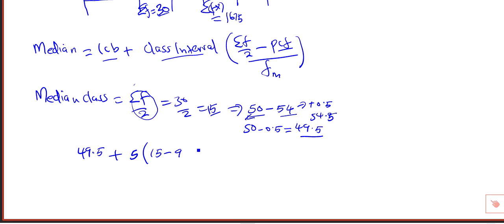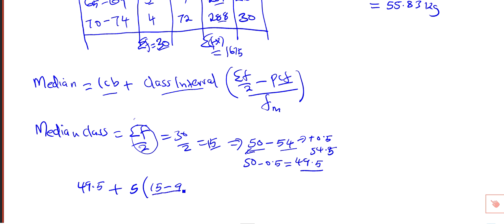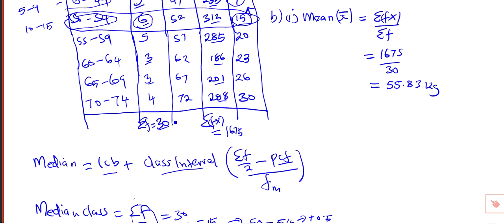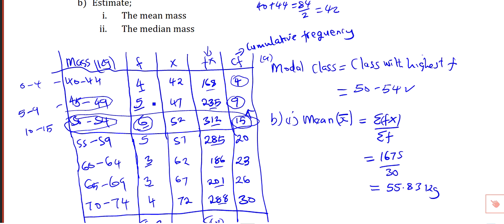So you pick 9 and put it there, and then you divide everything by the frequency of the median class, FM, which is 6. If you simplify this, you will get a total of 54.5 kilograms. So this is the median mass.